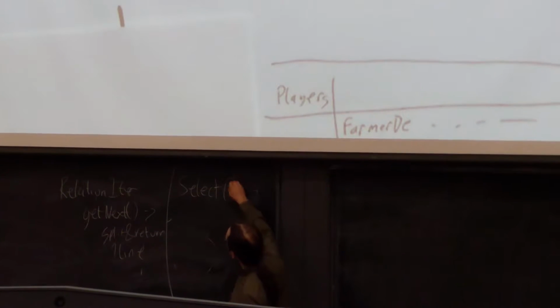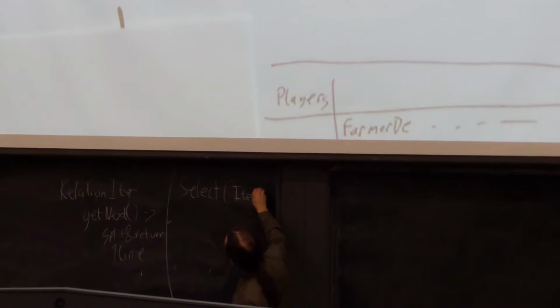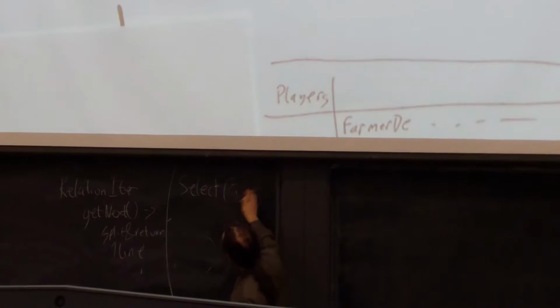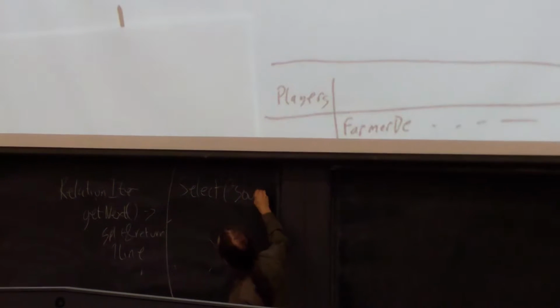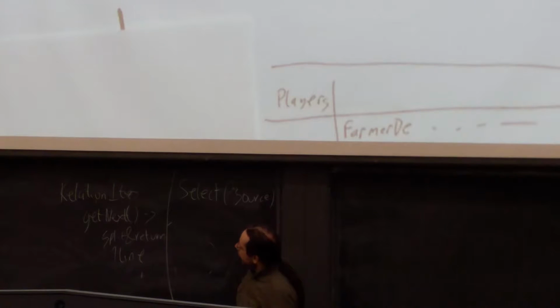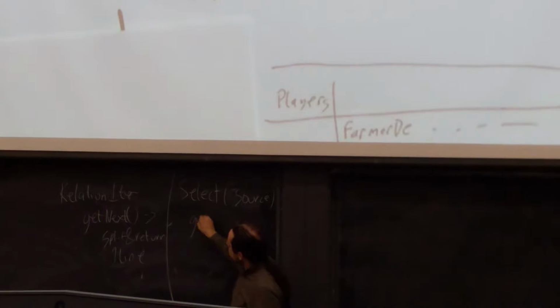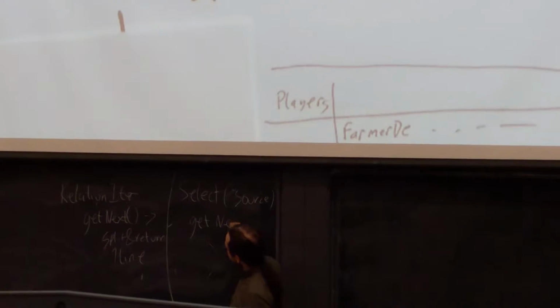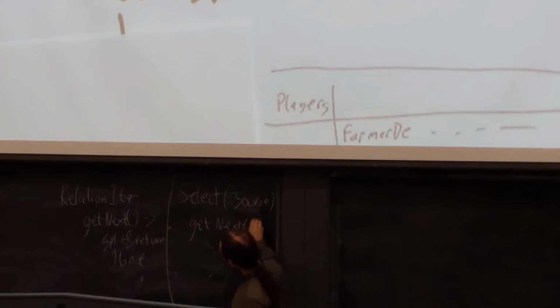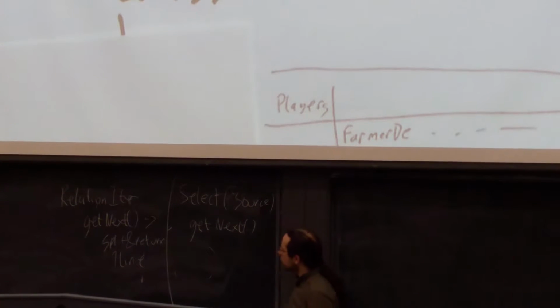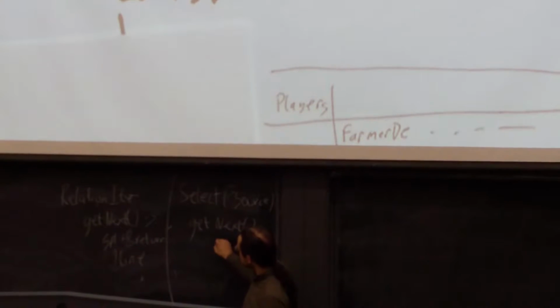Okay, so select is defined in terms of some other iterator. Let's call it source. And in order to do getNext, you need to call the source.getNext.